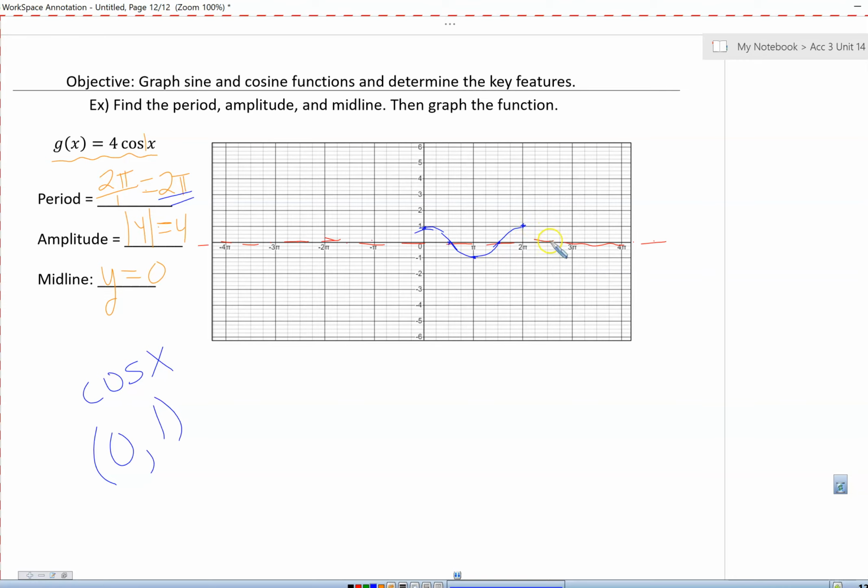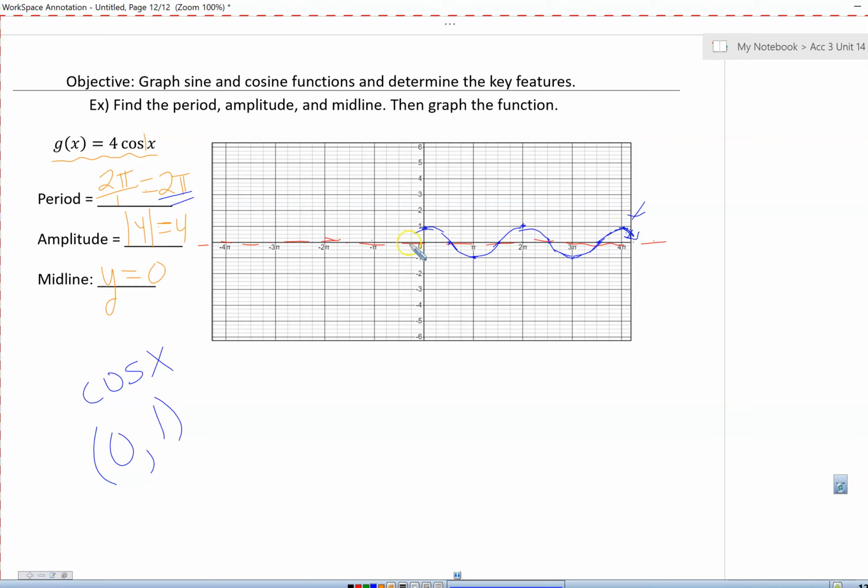So from a maximum, it goes to its midline, then to a minimum, back to its midline, back to a maximum, drawing a nice smooth rounded curve, little hills and valleys. Watch your end behavior right here. Remember, that's a maximum, so it's turning around and heading down right there.